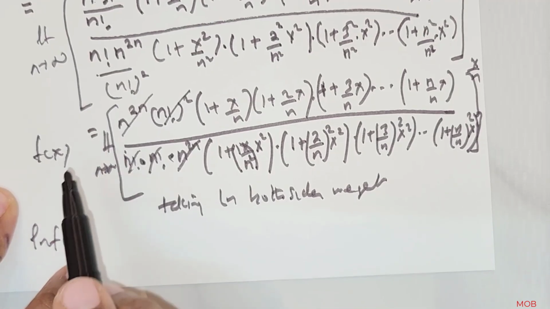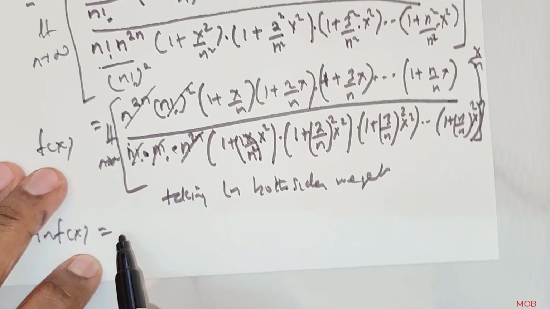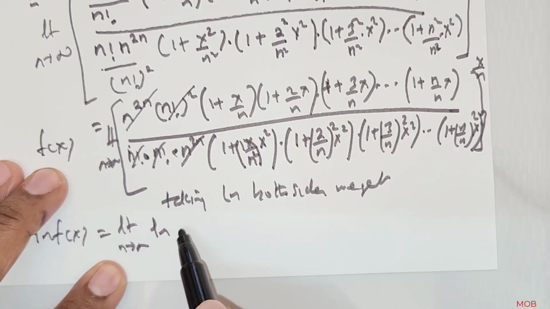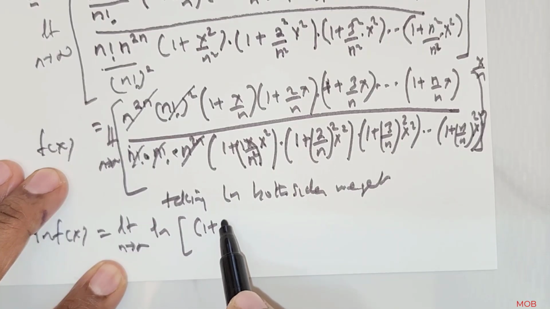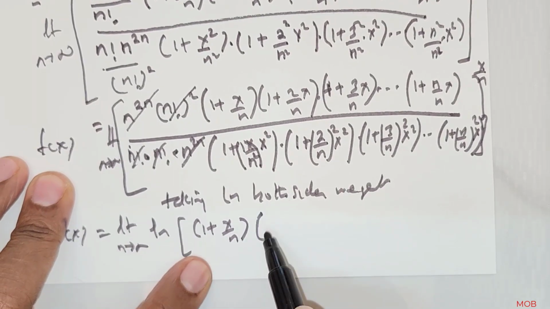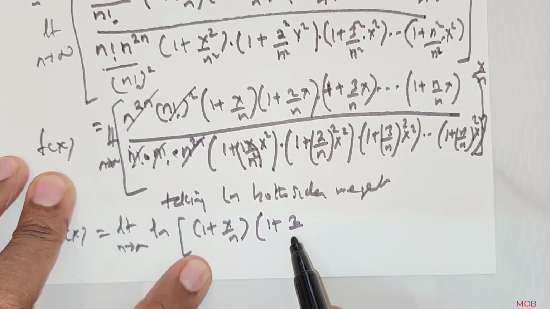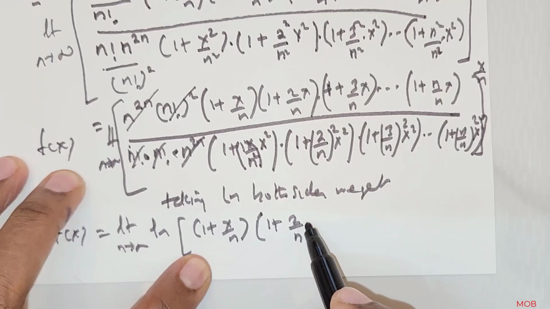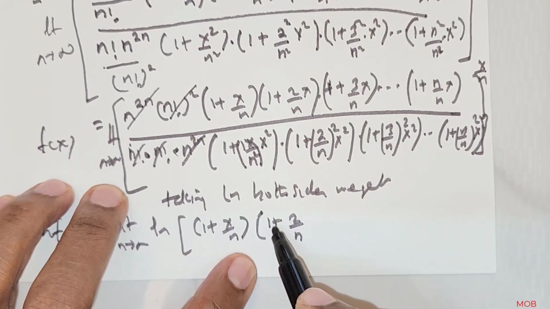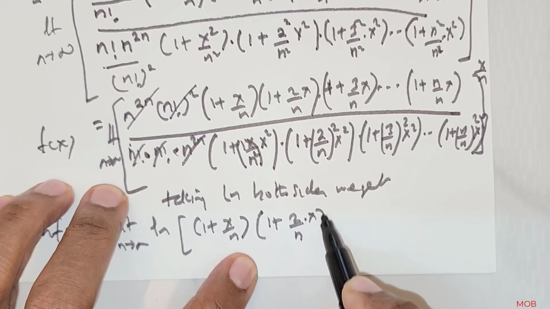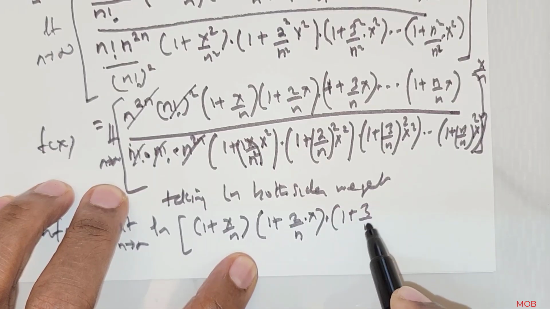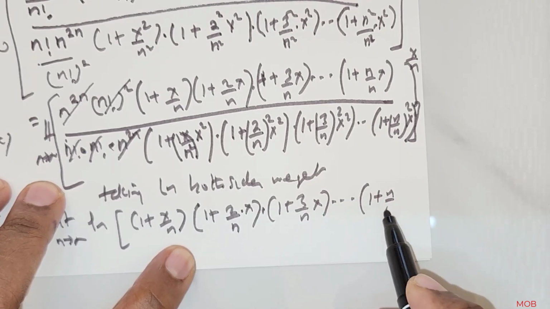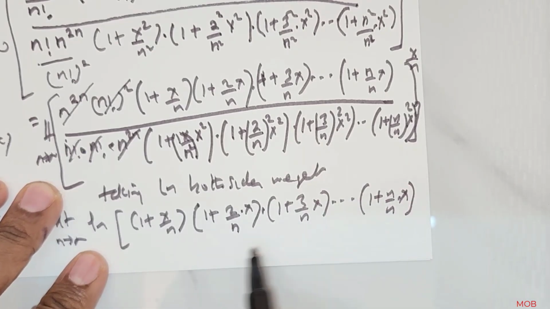Now the limit and the ln can be interchanged, so this can be rewritten as limit n tending to infinity ln of 1 plus x over n multiplied with 1 plus 2 over n. In fact, we can have written it as 1 over n times x. So anyway, 1 plus 2 over n times x times 1 plus 3 over n times x, etc. 1 plus n over n times x. So this is for the numerator.